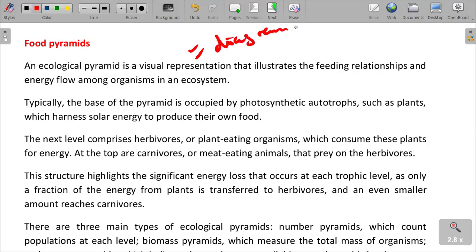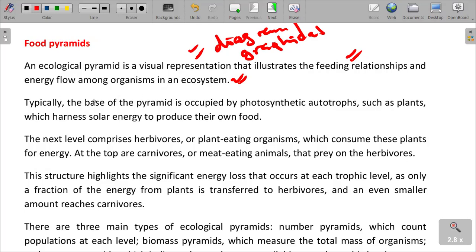It is a graphical illustration that shows the feeding relationships and energy flow among organisms in an ecosystem. That diagram also shows the movement or transfer of energy and the feeding relationship.